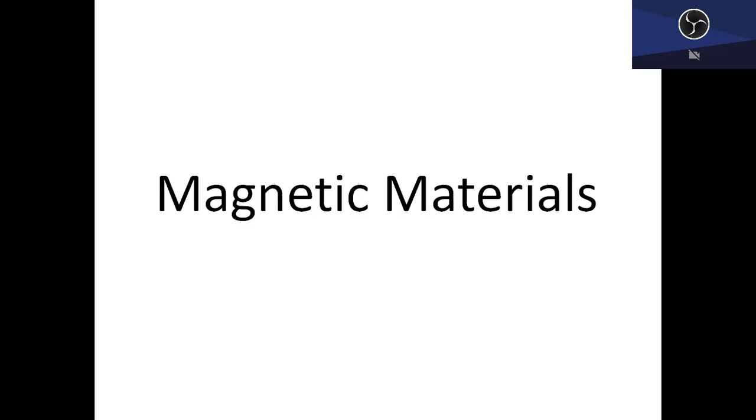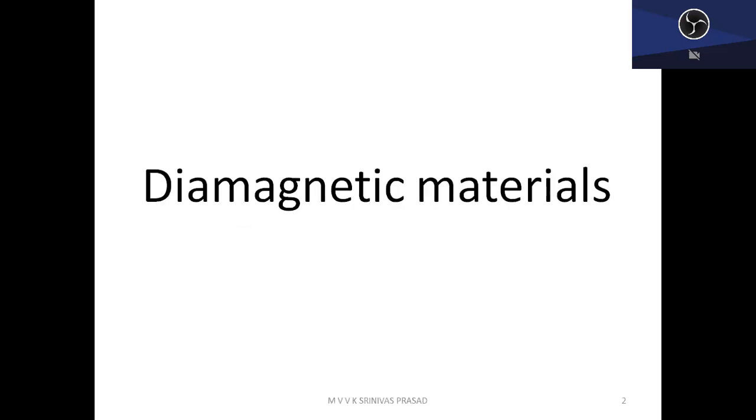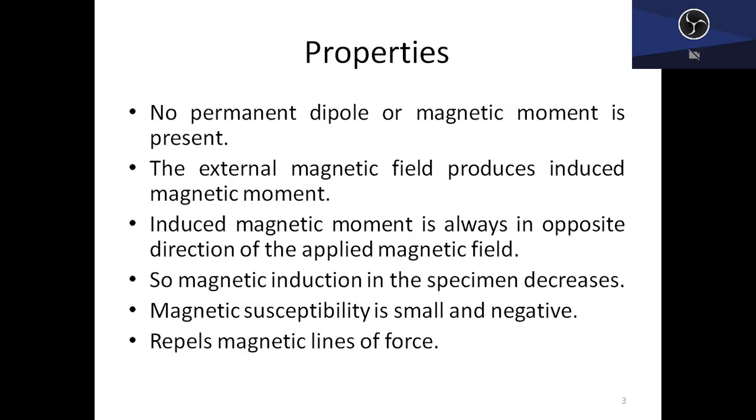Here, these magnetic materials, depending upon their different properties, have been classified into different classifications. The first class of magnetic material, depending upon the property, has been classified as diamagnetic materials. What are the important properties, and why are these magnetic materials said to be diamagnetic materials? Because of these properties.